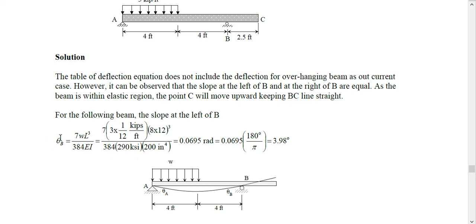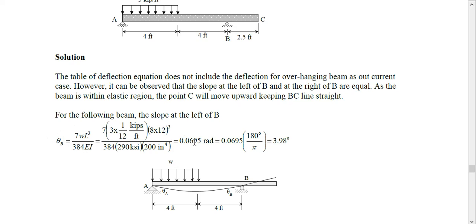So first we found the slope, which is 7WL to the power 4. Whatever I discussed just a few seconds earlier, that is the slope at this point. So we found our slope, 3.98 degree. First we determine, all the equations will give me slope in terms of radian.